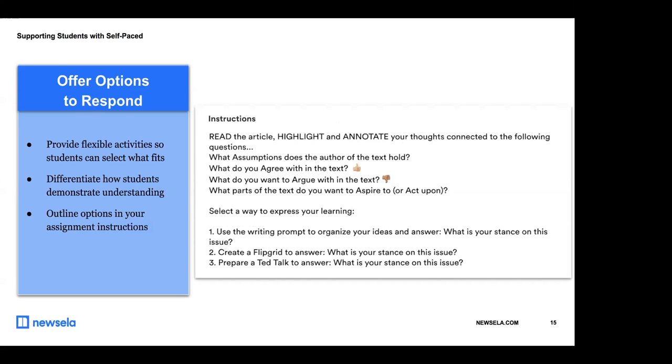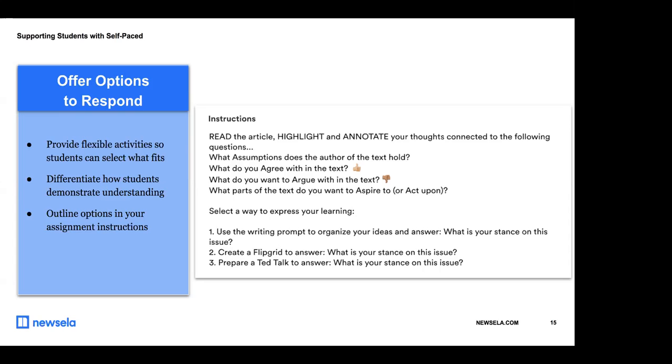Another thing, and part of that is offering students options on how they respond, right? So I don't know about you, but I always had students that some could express what they've learned better if they wrote it down. Some expressed it if they just told me, and at this time of distance learning, those options may not be as easily available.